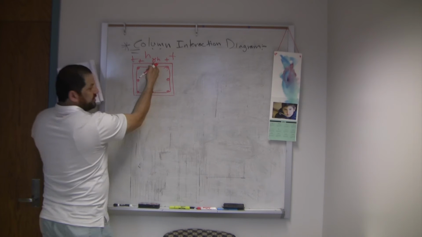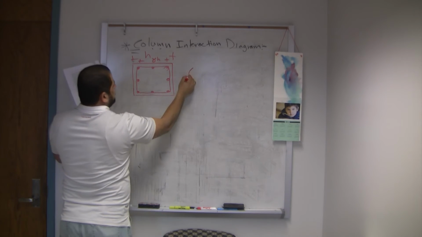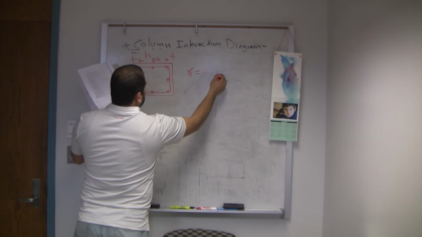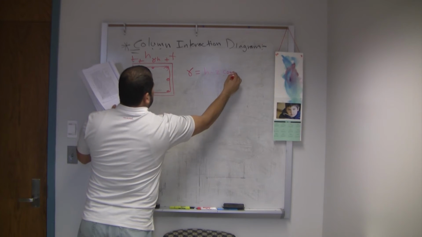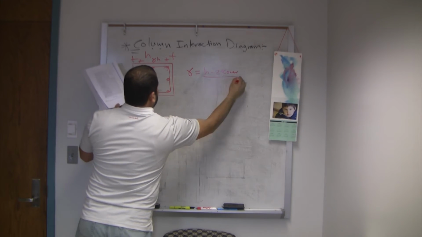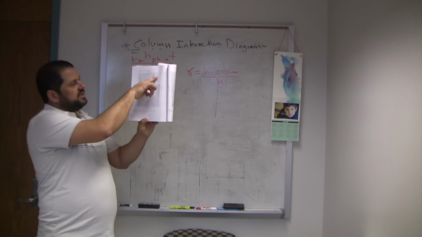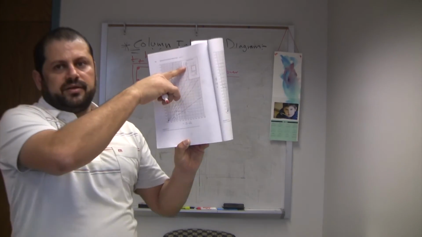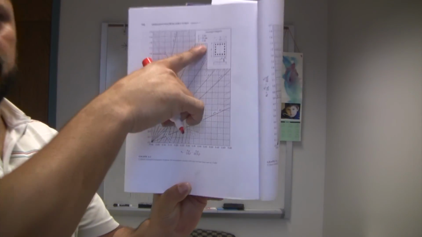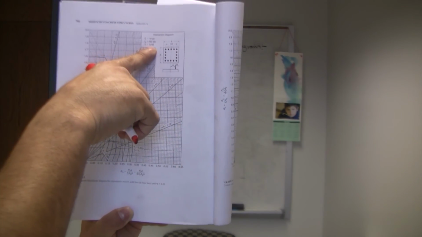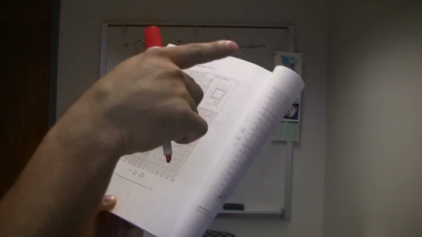So, in order to see what gamma is, gamma equals H minus 2 times the cover, divided by H. So for each interaction diagram, you will see a gamma here. Based on how much H you have and what the cover is, you can calculate gamma. So we have the smallest gamma equal 0.6, then 0.7, 0.8, 0.9.